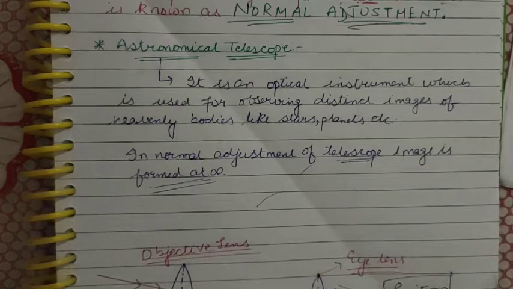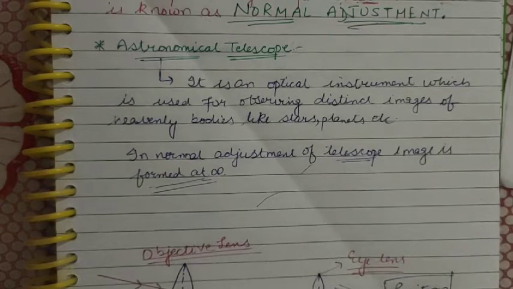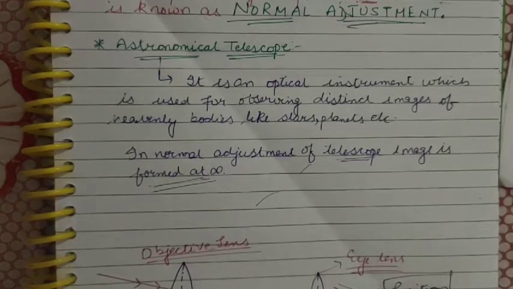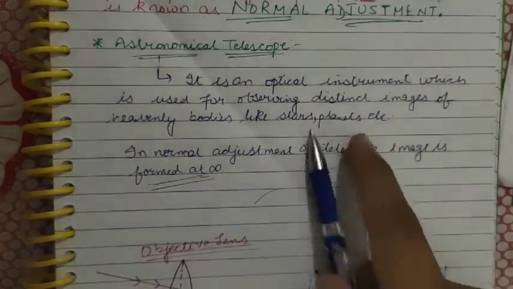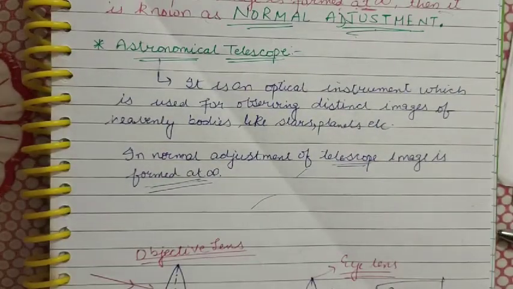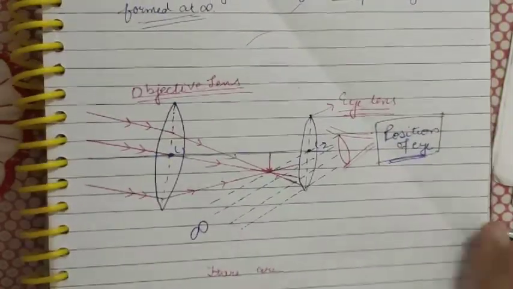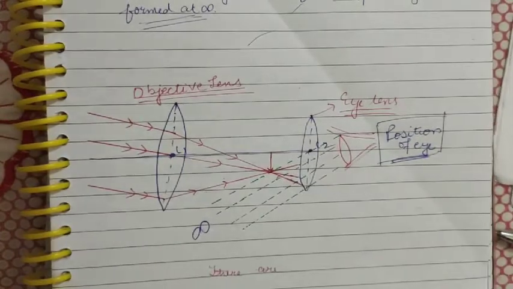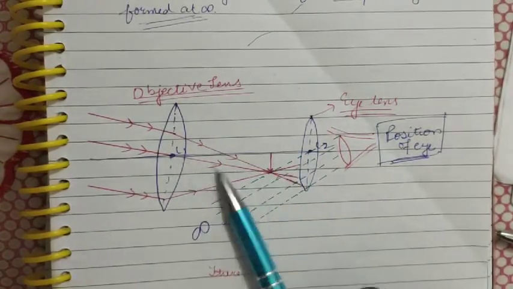Okay. Now let's see the last topic of today, the astronomical telescope. It is an optical instrument which is used for observing distinct images of heavenly bodies. In normal adjustment of a telescope, the image is formed at infinity. Here is the objective lens.